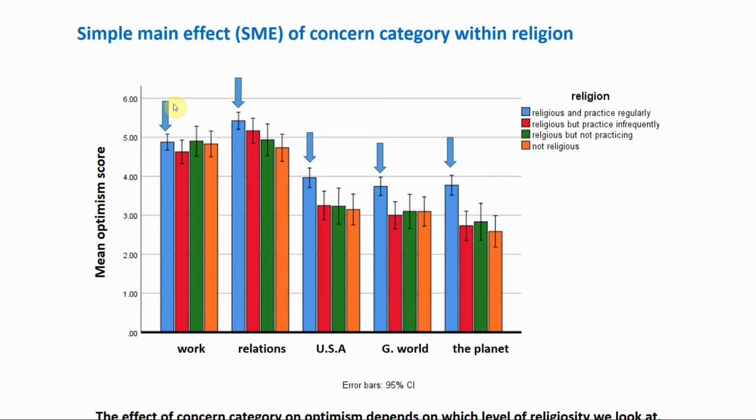But you may recall that when you have a one-way repeated measures ANOVA, the post hoc test is not called Tukey, Scheffé, or LSD. It's actually called, at least in SPSS, pairwise comparisons. All right, so you're going to run a pairwise comparisons test to see which means are different from which.